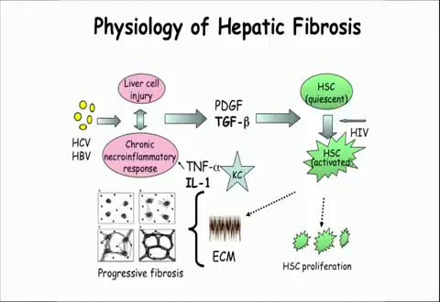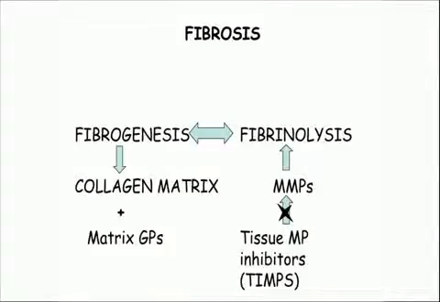Now, we're all aware that hepatitis C and hepatitis B cause liver injury and a chronic necroinflammatory response. But what you also need to be aware is that HIV itself can directly stimulate hepatic stellate cells to give you liver fibrosis. And so we're going to see, as years progress, not only an effect of hepatitis co-infections, but also an effect of HIV that we'll need to think about.